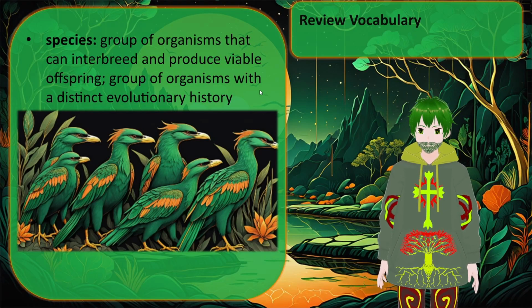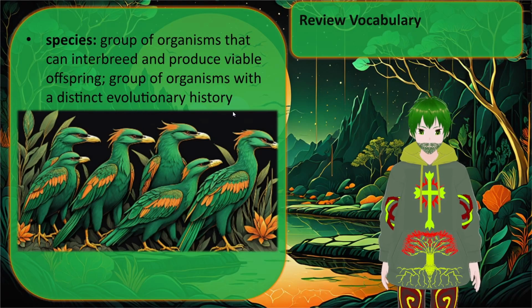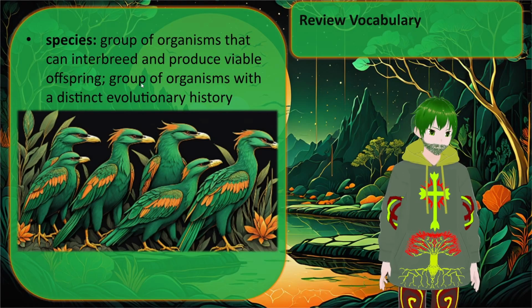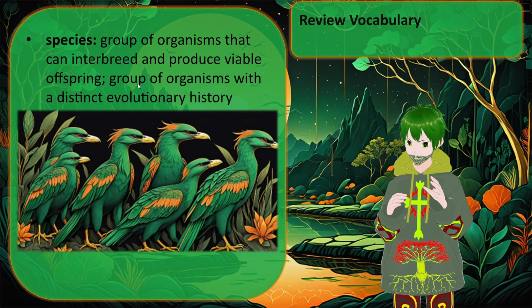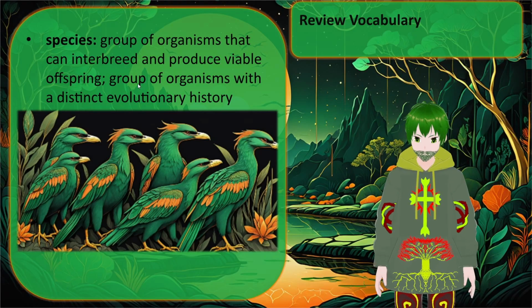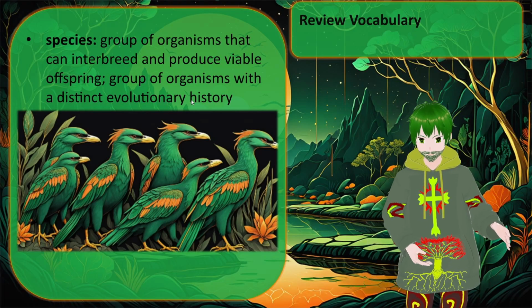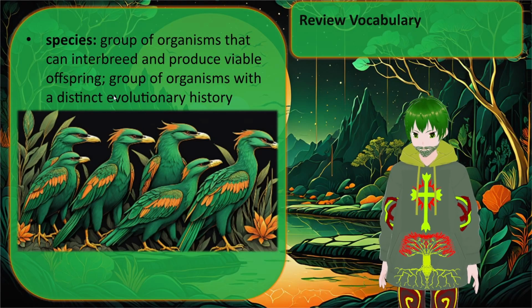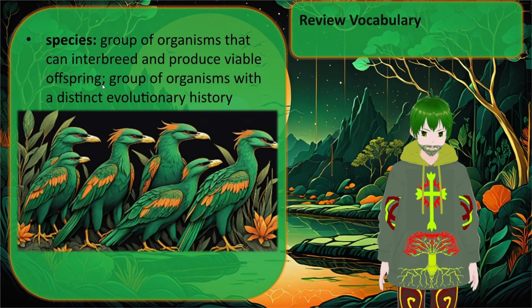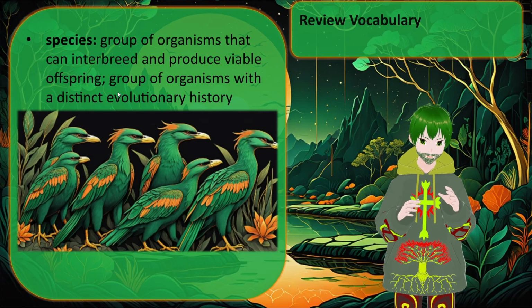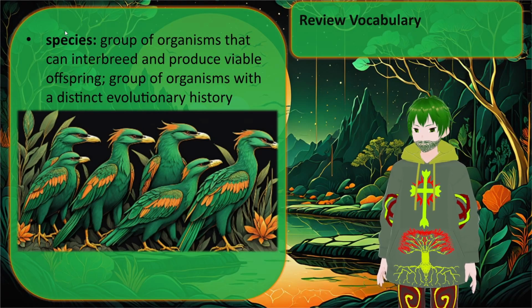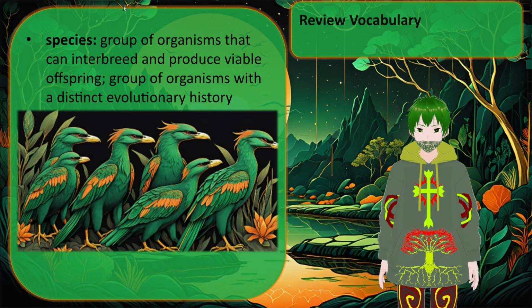It's also a group of organisms with a distinct evolutionary history. That's kind of assumed because they can interbreed, that they would have a very shared relationship in their past. I don't know why this is necessarily added, but that's fine to add in the definition as well. And I could see maybe being an evil teacher and throwing that second part out as a definition to throw you off in trying to ask what a species is.